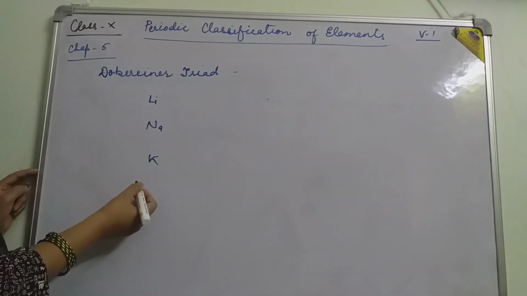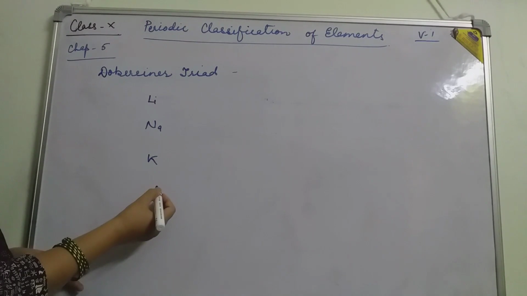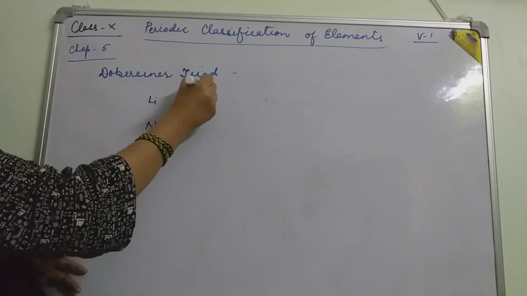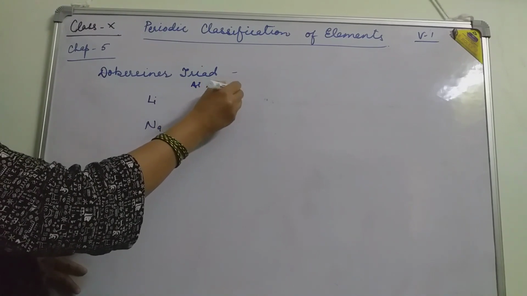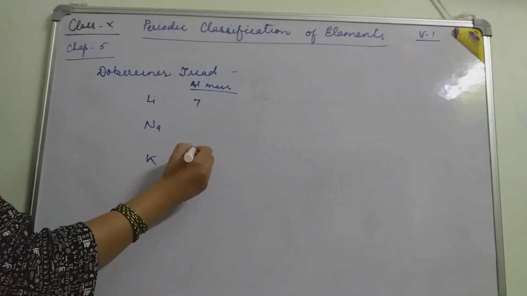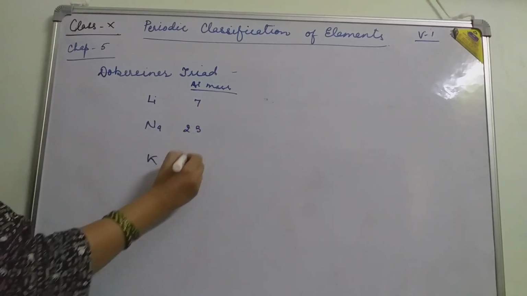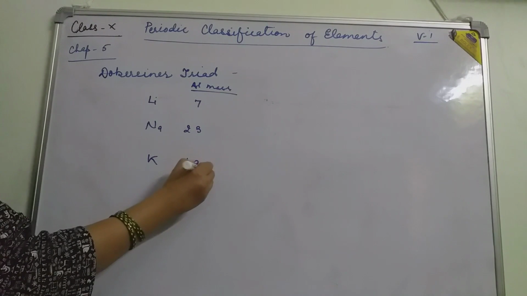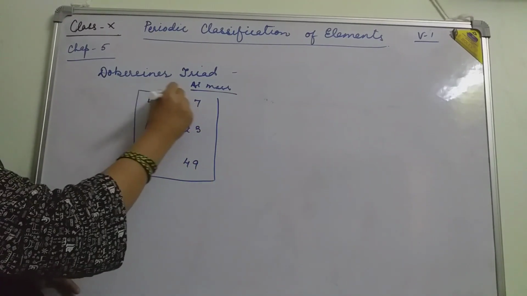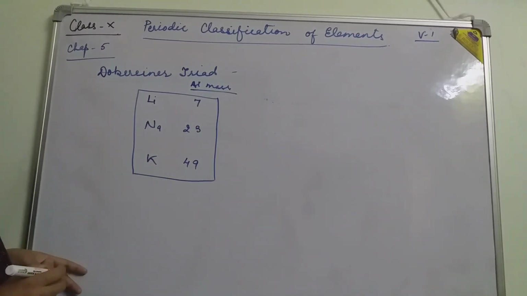These are alkali metals. The atomic mass of lithium is 7, sodium is 23, and potassium is 39.